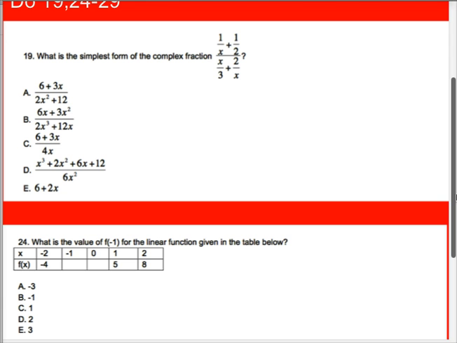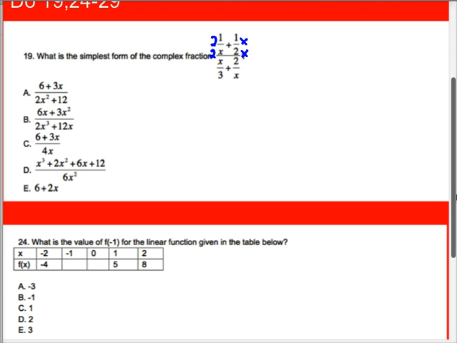So when we're trying to simplify complex fractions, basically what we're looking for is common denominators everywhere. Well, on top, the common denominator between x and 2, we need both 2 and x in there. So I'm going to multiply this by 2 and that by x.